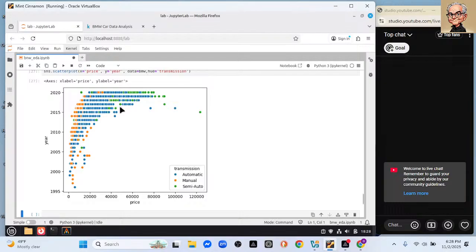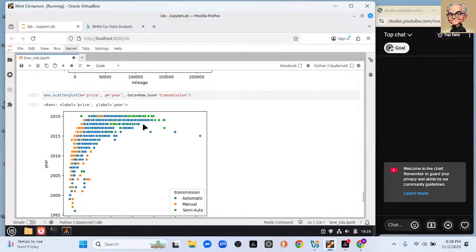I'm not sure if it's helpful, but it certainly is kind of cool. So we can look at the price and the year. So obviously the newer the car, the more the value. And so which ones hold the most value? This is kind of interesting. What else can we look at here?